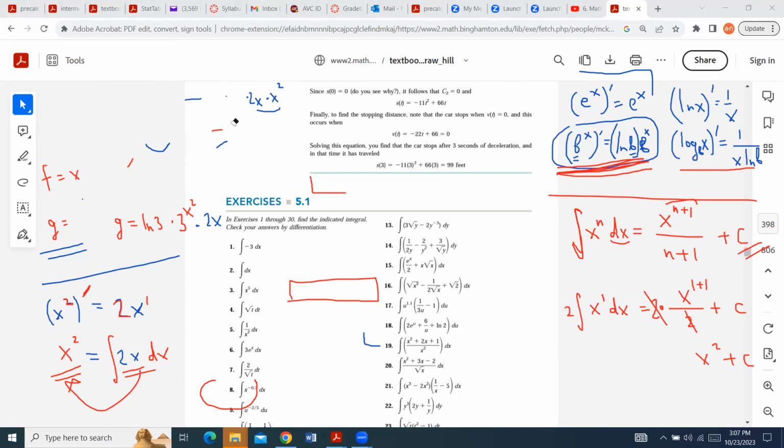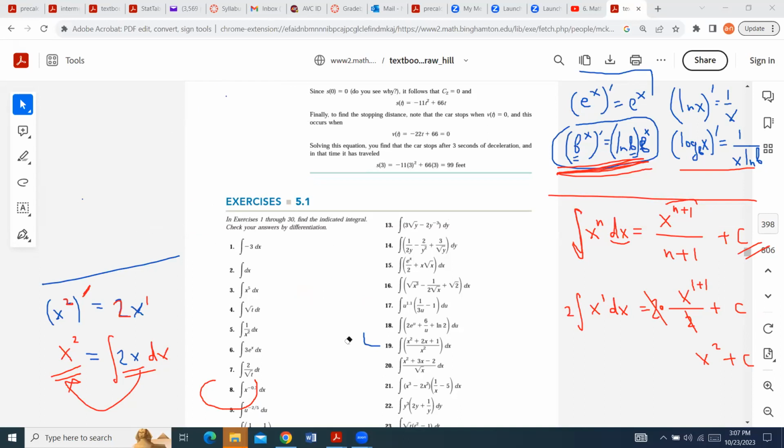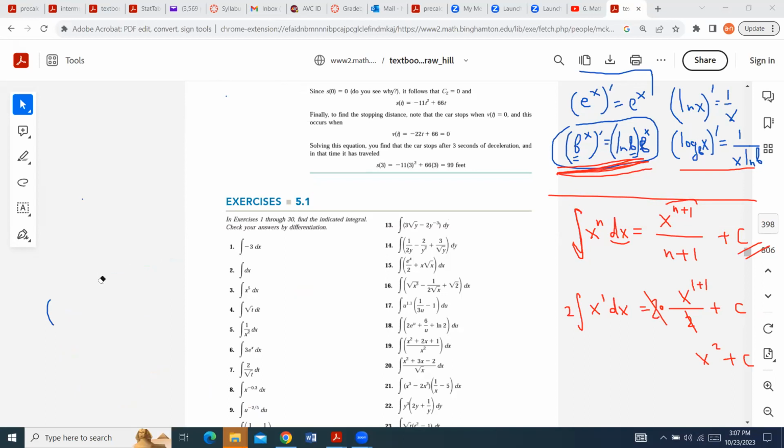So I'd like to take the antiderivative in exercise 3 of x to the power of 5. So how can I do this? Well, just use the formula, right? So let us use that little formula. I'm going to write this as the antiderivative of x to the 5, dx.